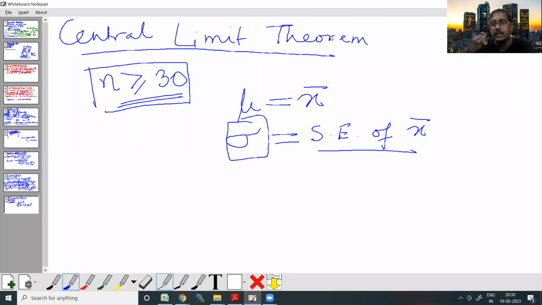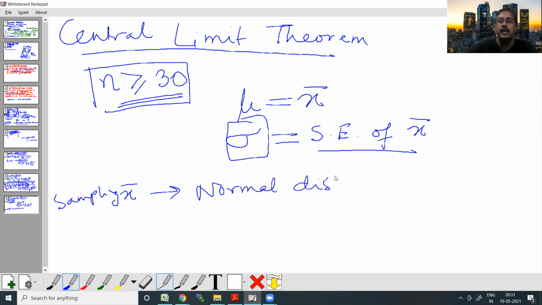However, there is one assumption being made, and that assumption is that the sampling distribution of sample mean follows a normal distribution. That is the inherent assumption which is being made.